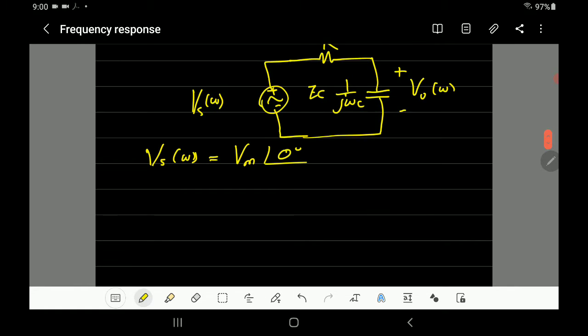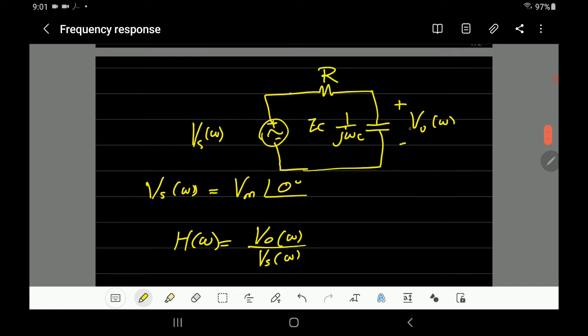Well, in this case, we can find the transfer function, which is equal to the output by the input. How can you find the relationship between the output and the input? You can use voltage division. So the output VO will be equal to VS times ZC over the total impedance R plus ZC.